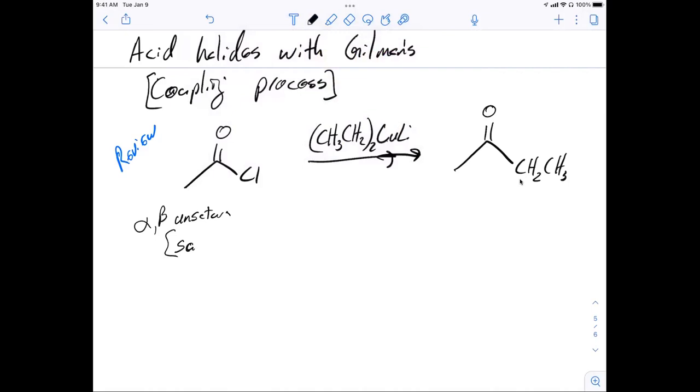And the thing to remember here is that the Gilman's reacting as a soft nucleophile.